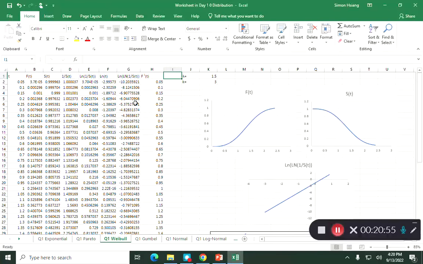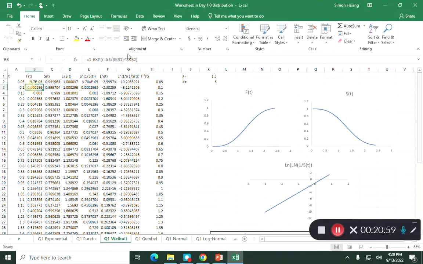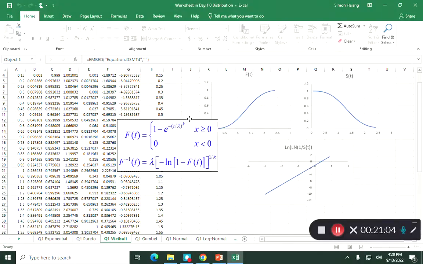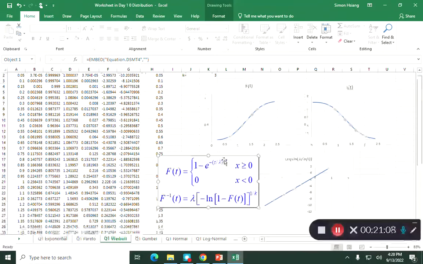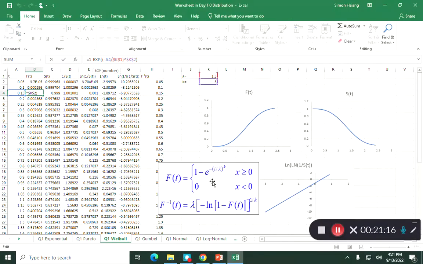Weibull, same thing. First, you have a T. You have a, let me get this one up. You have a, if k equal to 1, this is your exponential distribution. So you have your FT done.